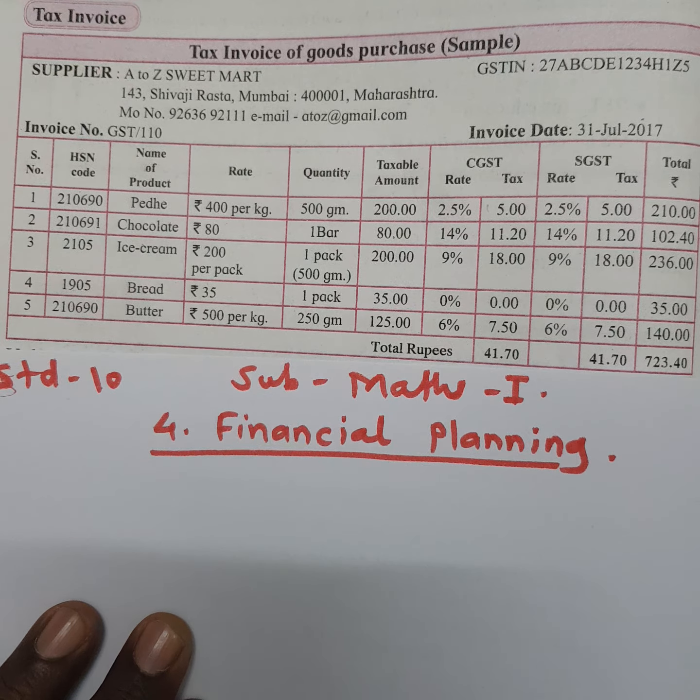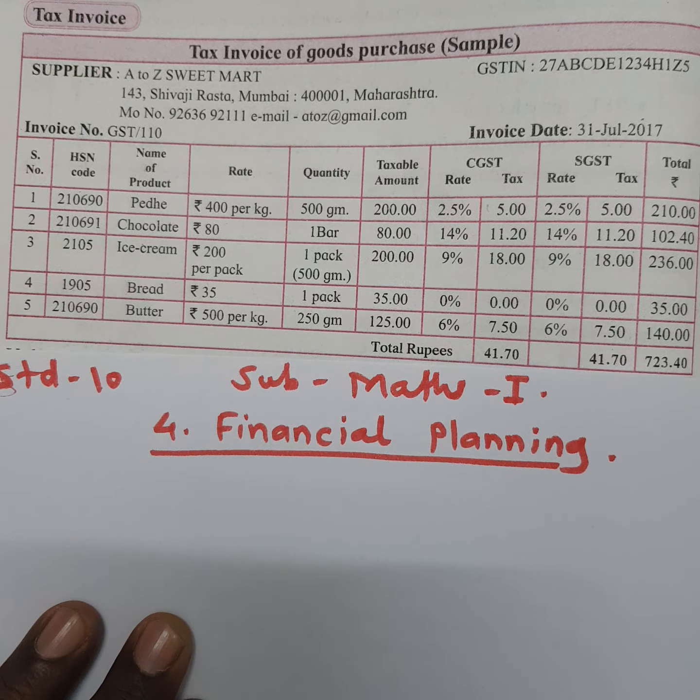How will we calculate it? 200 into 2.5, and percent means upon 100. So 200 divided by 100 is 2, and 2 into 2.5 is 5 rupees, that is 5.00. SGST is also equal, 5 rupees. Then the total amount will be 200 plus 5 plus 5, that is 210 rupees.